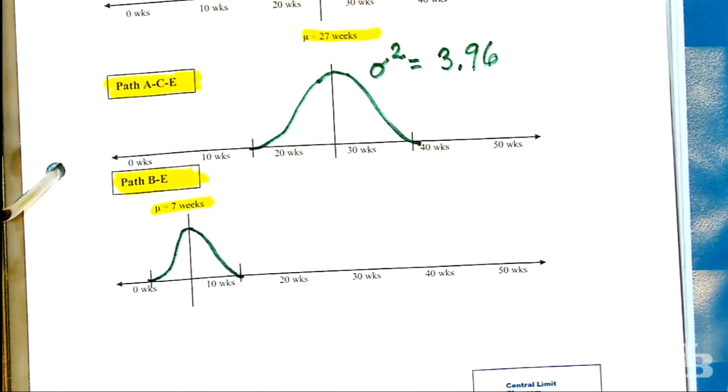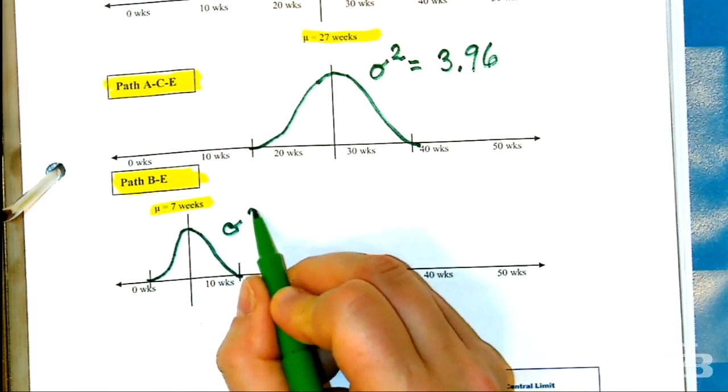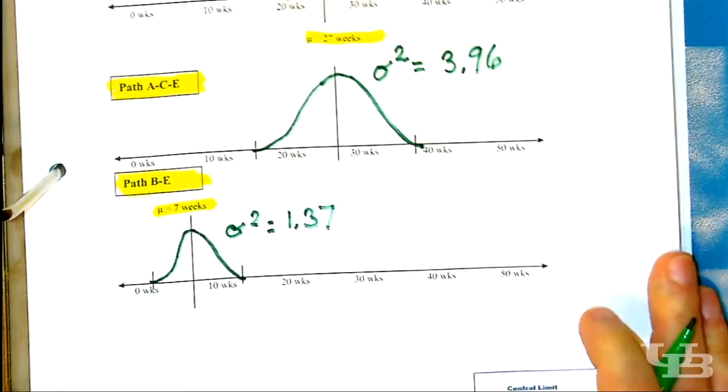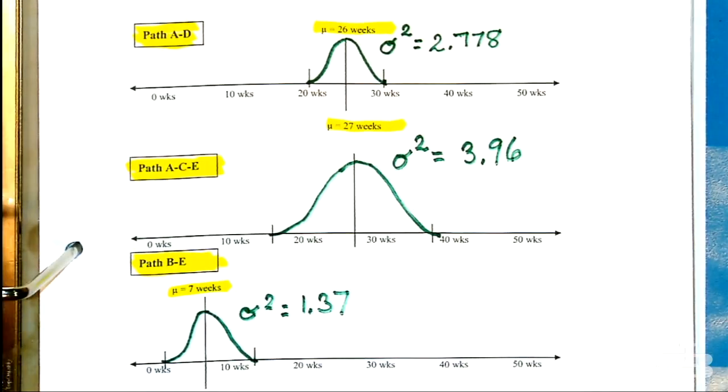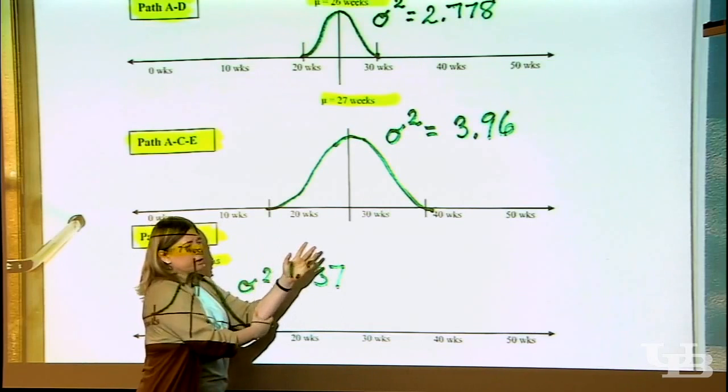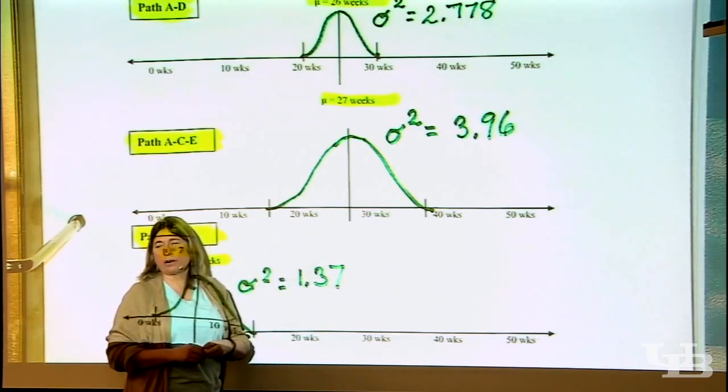I mean, it's pretty short, although the variance is 1.37. This is not a mandatory step in assessing the risk of 29 weeks, but this is a vision of the underlying philosophy of PERT. This is how PERT sees this project.